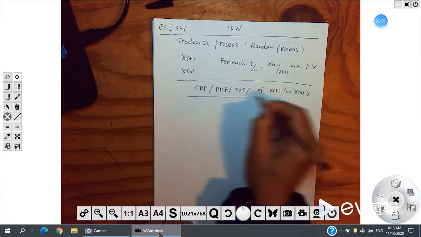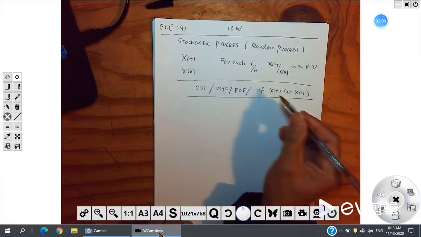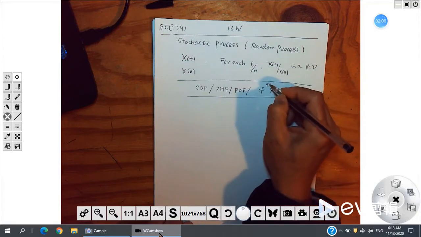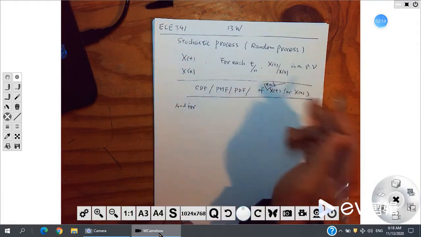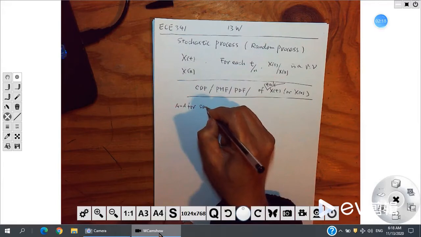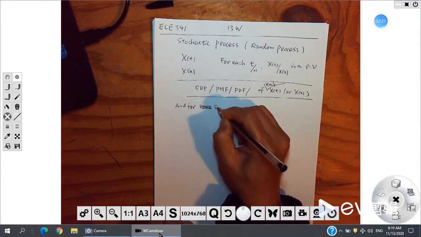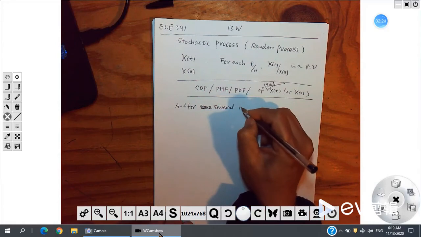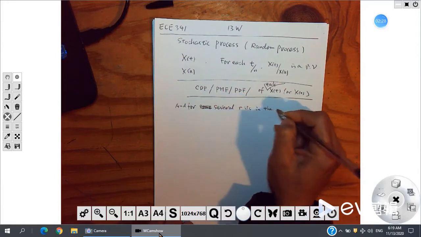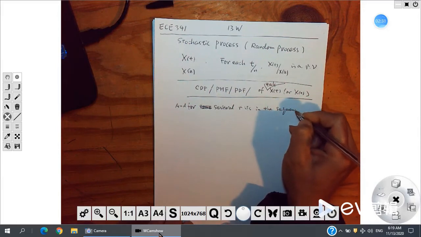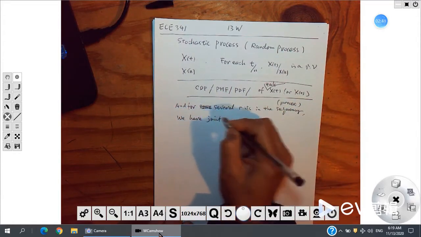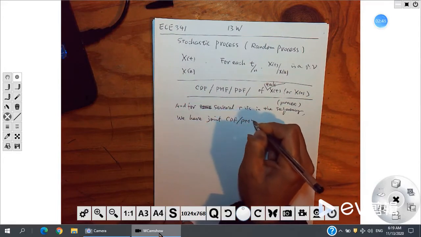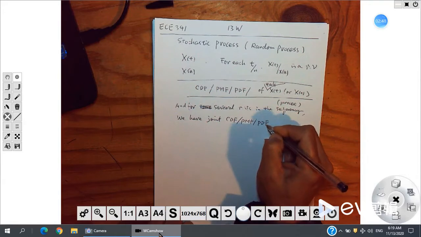And for several random variables in the process, we have joint CDF, PMF, or PDF. Right? We have all of these.